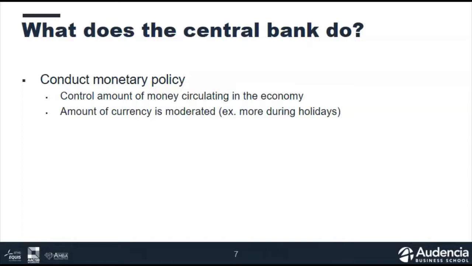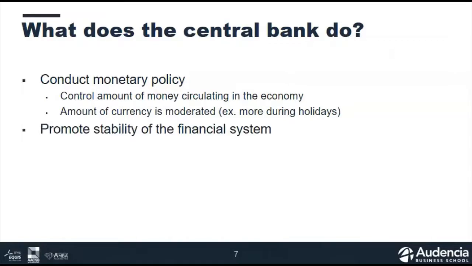Sometimes in the economy we have a high need for money. We need to have more cash circulating in the hands when people are buying a lot of things. And so we often find that during Christmas times, during the holiday season, the amount of money in circulation actually increases. The central bank will expand during the holiday season and then retract the amount of money circulating when we come out of the holiday season.